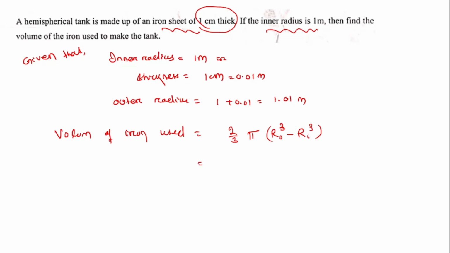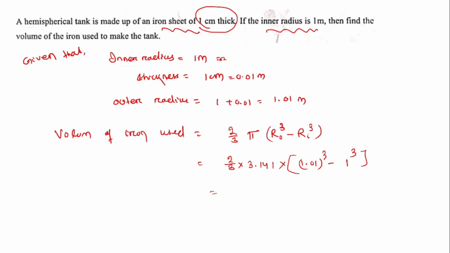So write down, put the value, that is 2 by 3 into pi equal to 3.141 into outer radius 1.01 cube minus 1 cube. Okay, so now find 1.01 cube, how much?